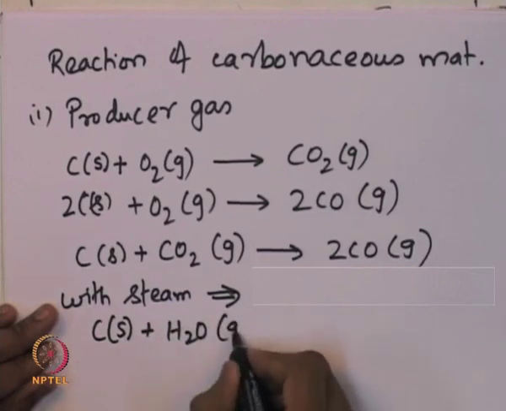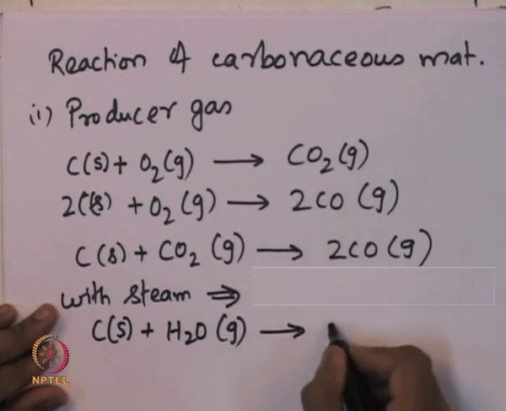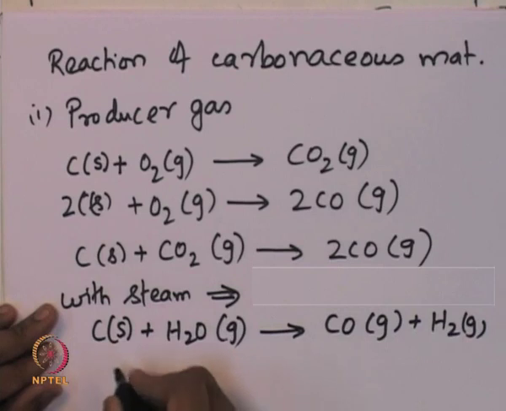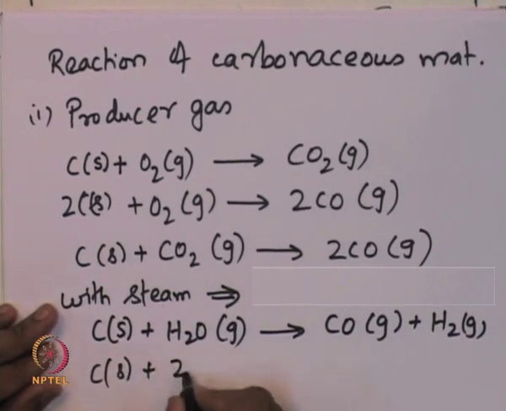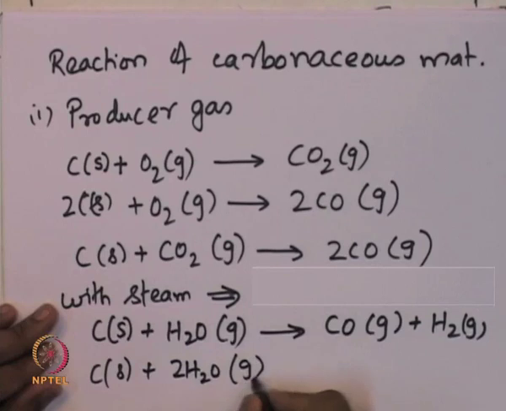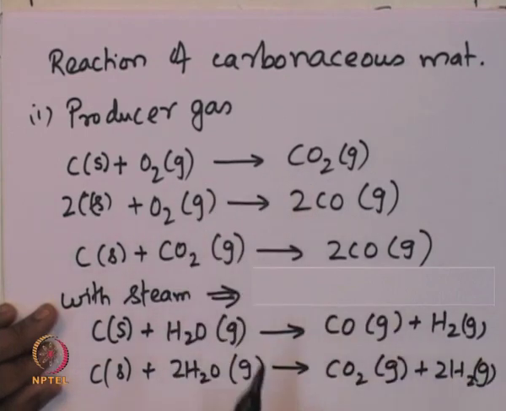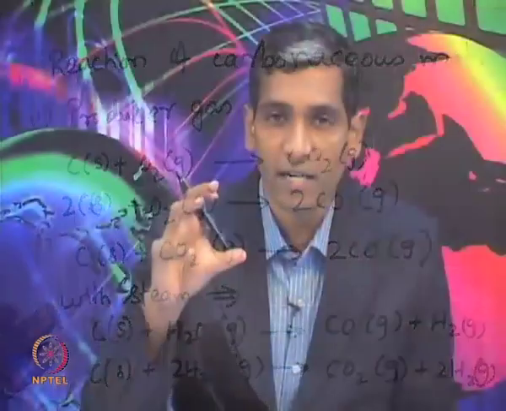Steam is essentially the vapor form of water, and that leads to CO and H2, and carbon in the presence of 2 water molecules leads to formation of CO2 in the gas stream and 2 hydrogen molecules. Both these reactions typically occur in a situation where the solid core, which is unreacted carbon when you start with, is slowly being consumed and then the carbon eventually disappears. That is the mechanism that has been observed in producer gas production.